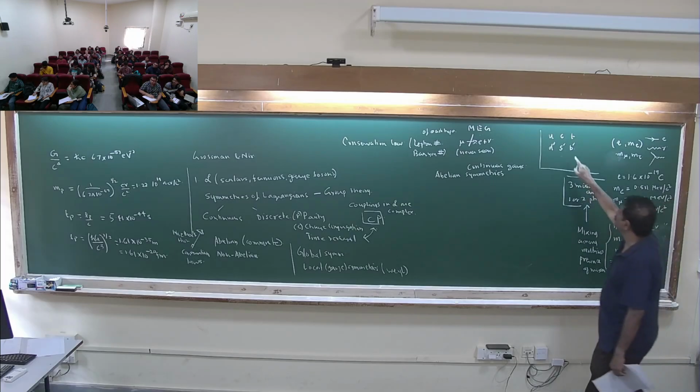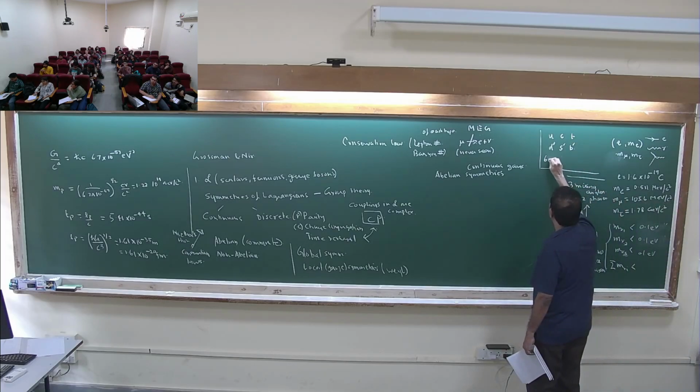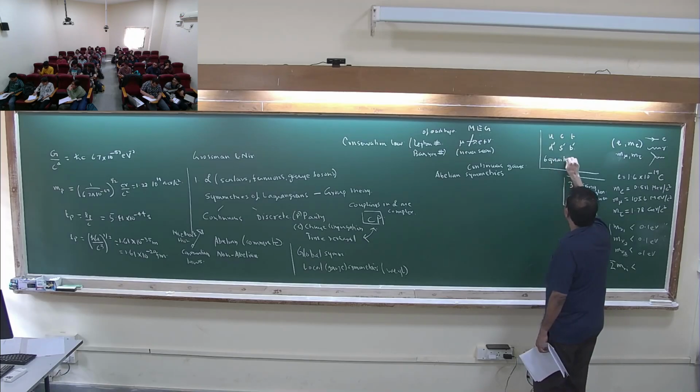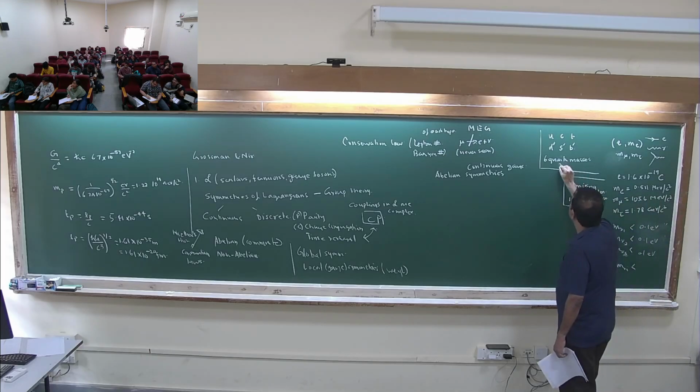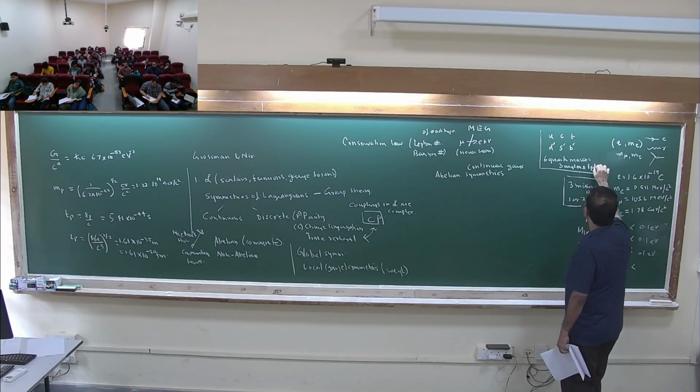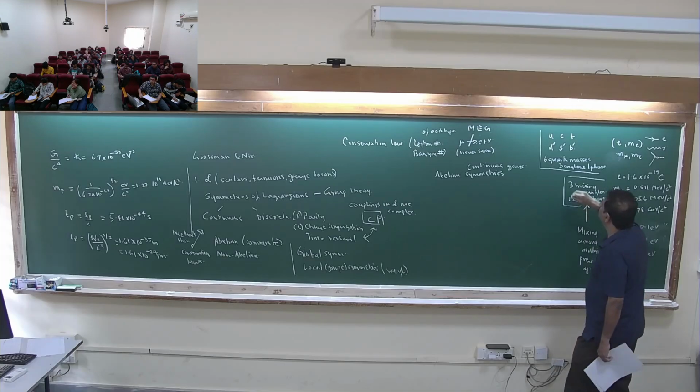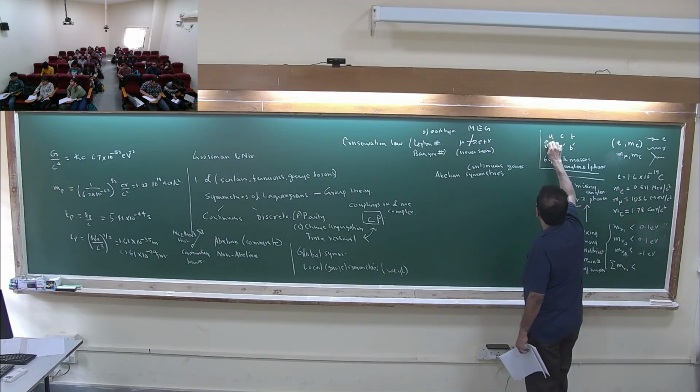So how many parameters do you have? 6 quark masses. And how many mixings do you have? 3 angles and one phase. That is because of the transitions between these.